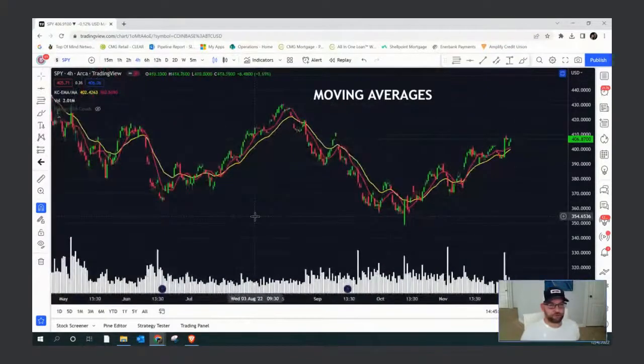Why this is a really simple strategy is that when MAs cross each other, it can signify a move that's about to come. What we can see here is you had several fake outs along here, but then we had a cross.